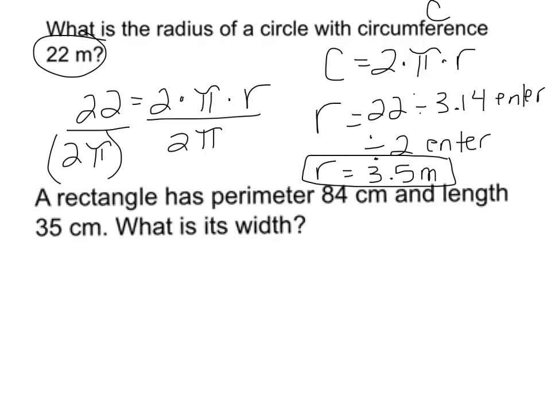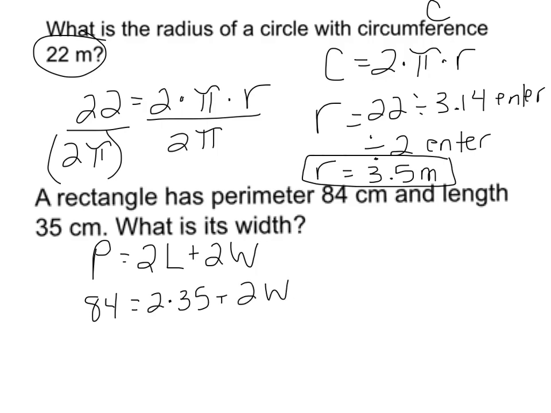What is its width? So remember, we have P equals 2L plus 2W. So we want to find the width, so this is the one we're missing. So we should know P and L. Well, perimeter is 84, so 84 equals 2 times the length of 35 plus 2W.